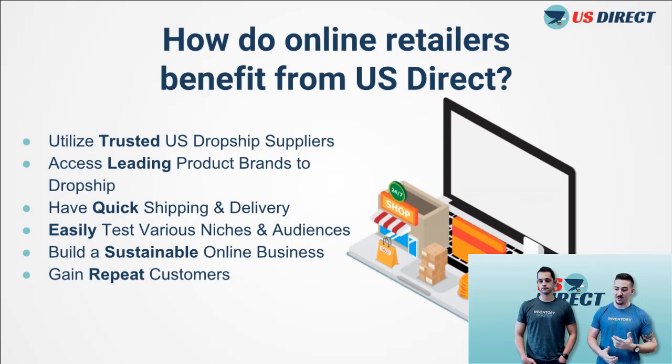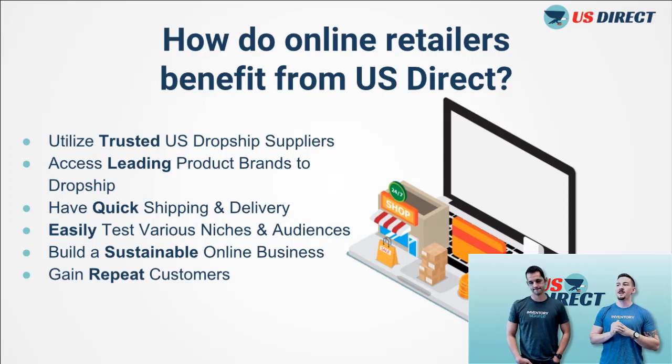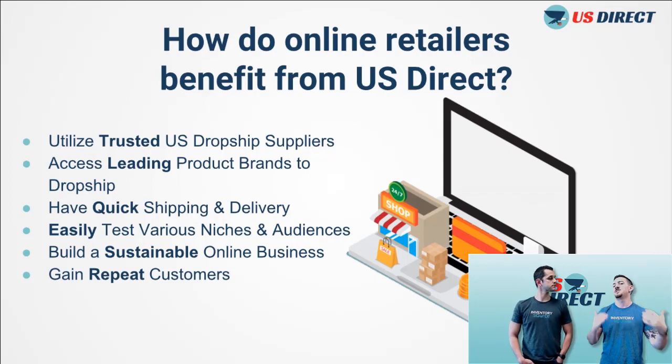Easily test product niches and audiences. This is huge in the sense that US Direct is not just made for the first-time seller. We have seasoned sellers utilizing US Direct and they love it because you're testing out all these different product niches. You might be selling some very specific pet products.